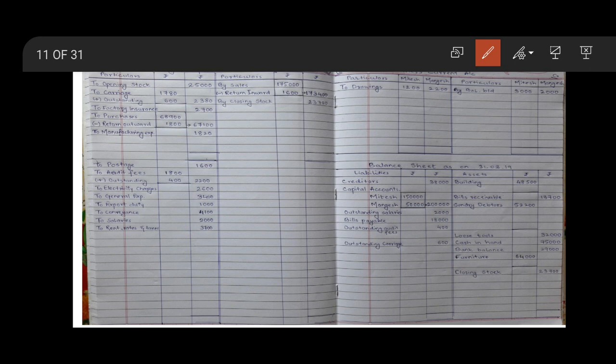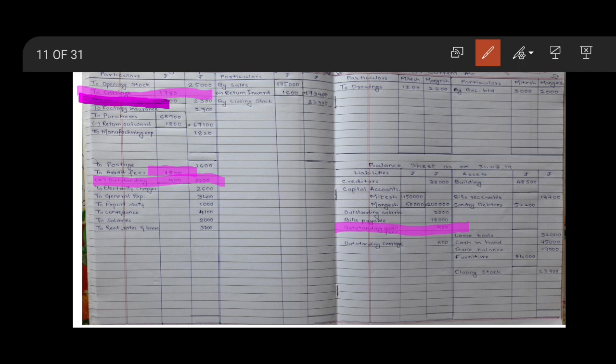You can see here what was outstanding. Audit fees, we were already having 1800 here, we have added outstanding 400, we brought the balance outside after addition, and the next effect, outstanding audit fees here to the liability side of balance sheet. One more item was outstanding, that was carriage, here to the debit of trading account.